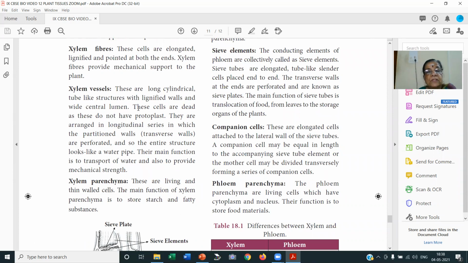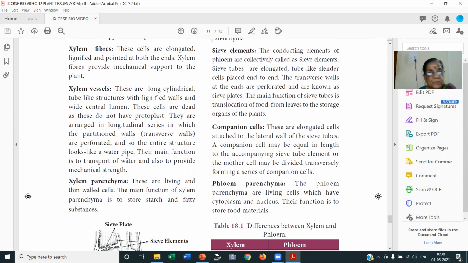What do we know? Xylem vessels are long cylindrical tube-like with lignified wall and wide central lumen. These cells are dead and do not have protoplast. That is very important. Right? They may be perforated and the entire structure looks like a water pipe.